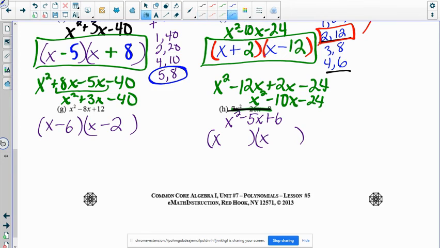All right, so I've got x and x. I need them to multiply together to be a positive 6, so I need either a plus plus or a minus minus. To get them to combine to be a minus 5, I need them to be minus minus, which means I don't want 1 and 6, but in fact I want 2 and 3. Because 2 and 3 will combine to give me the negative 5 that I need.